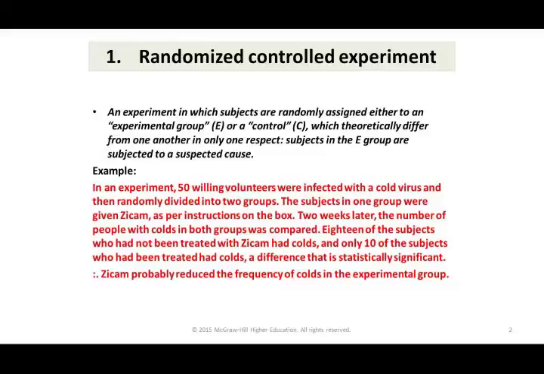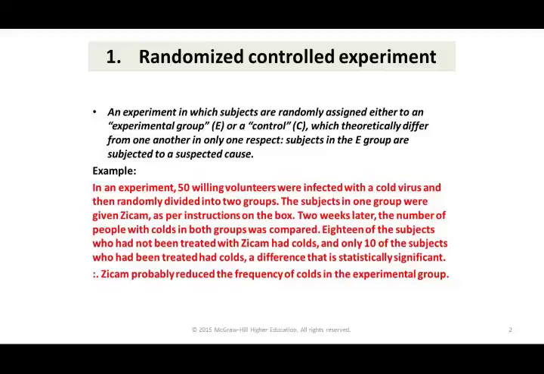And what you'll notice is that the larger your experimental group, the lower the percentage needs to be. We did 50 people in our Zicam experiment, and if you look across from 50 on that table, the statistically significant difference between the two must be 19%.